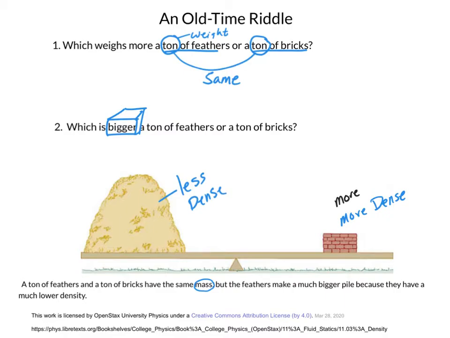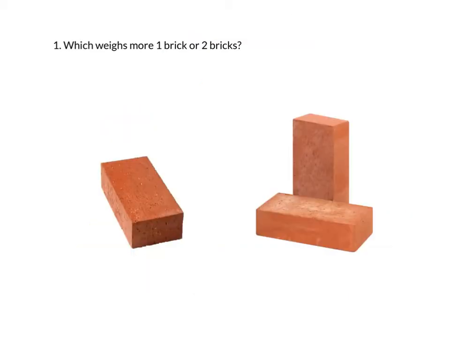And now I have a simpler question for you. Which one weighs more, one brick or two bricks? Well, this one should have been a lot easier for you. Assuming that the bricks are the same size and shape and style and made of the same chemicals, then we would find that the one with two bricks should be more massive, way more, than the one brick.